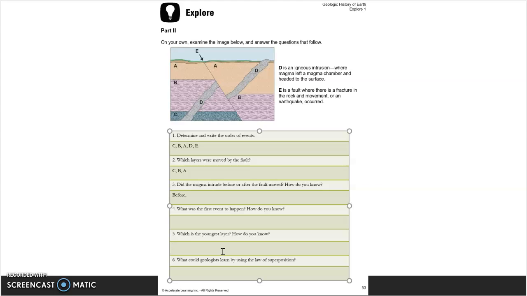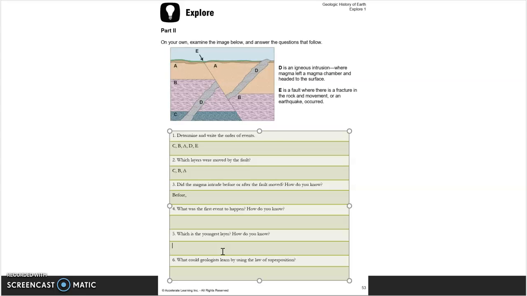So if you put the brown and the green as the surface, as the youngest layer, right on. But the one that is labeled with a letter for the youngest layer is A. And we know this because the oldest is at the bottom. That happened first. And the newest, the youngest, is what is on top.